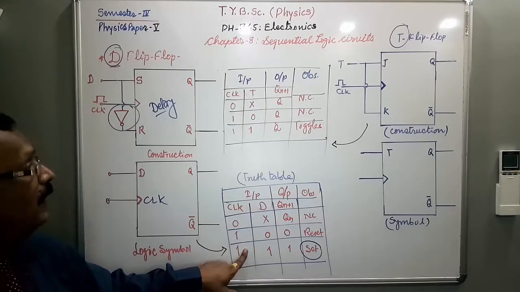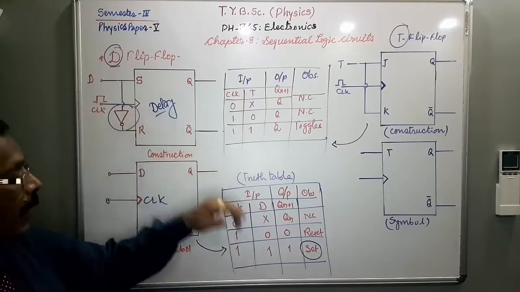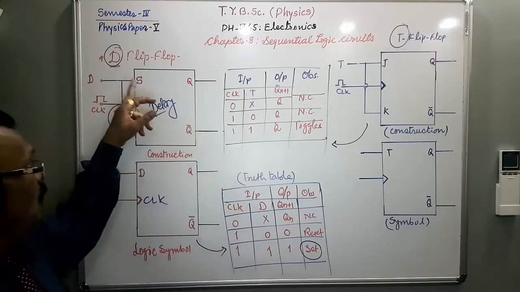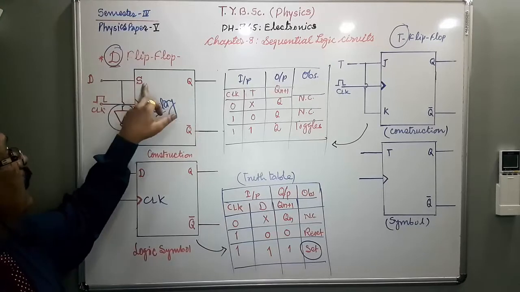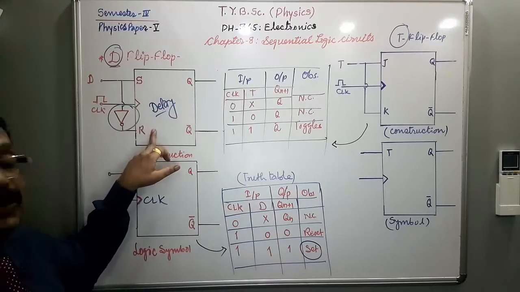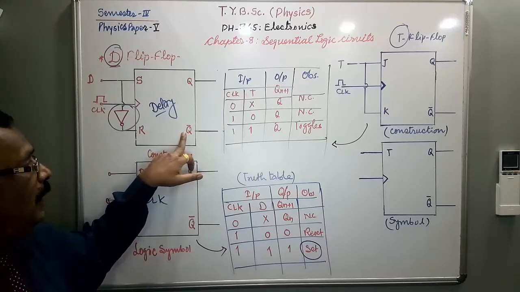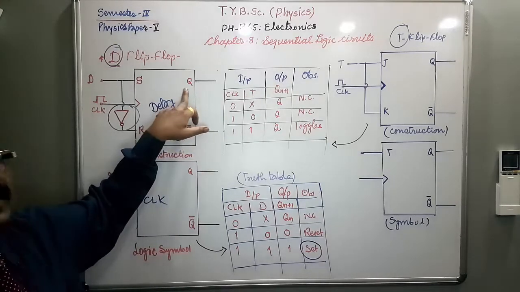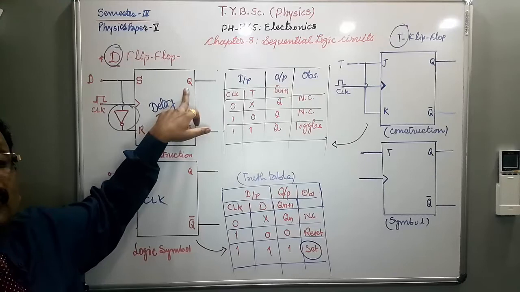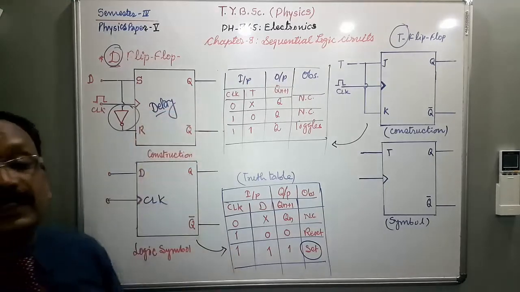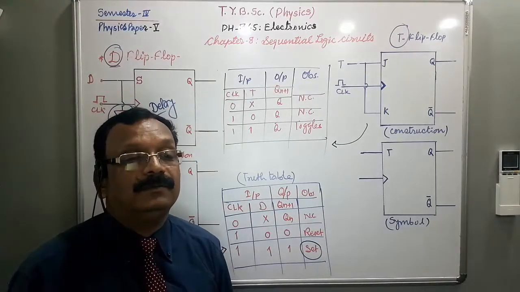This is the third condition. When the clock pulse is high and D is equal to 1, S is equal to 1. When S is equal to 1, R is equal to 0. When R is equal to 0, Q bar is equal to 0. When Q bar is equal to 0, it makes Q equal to 1, and when Q is equal to 1, the flip-flop will set.